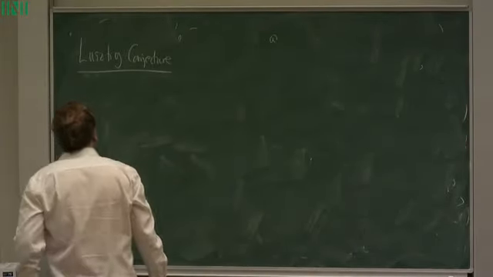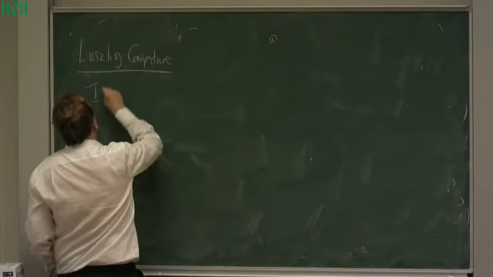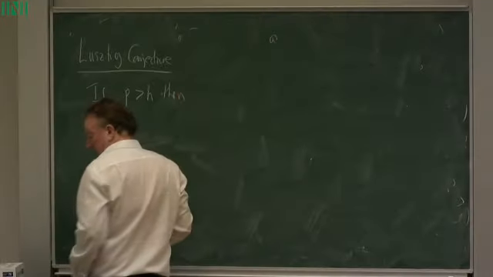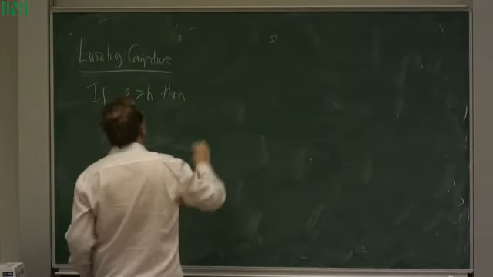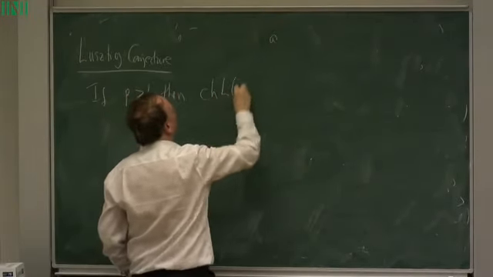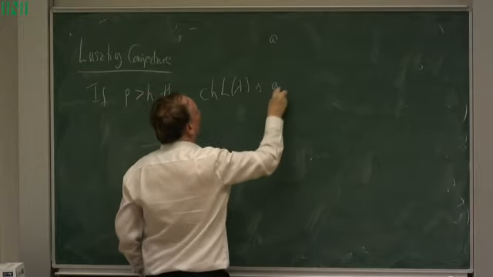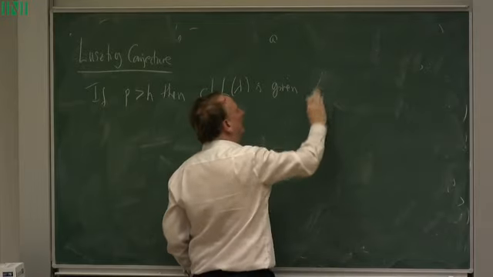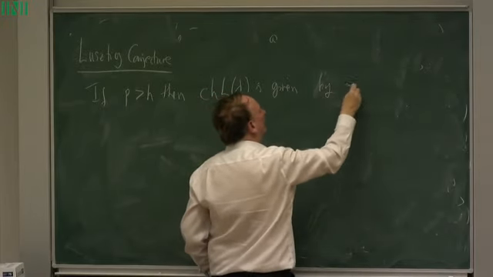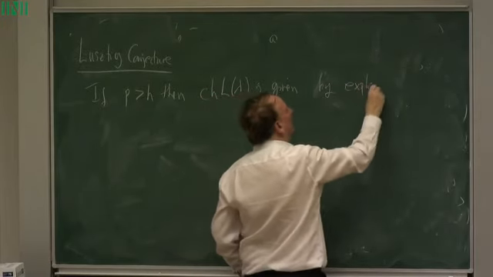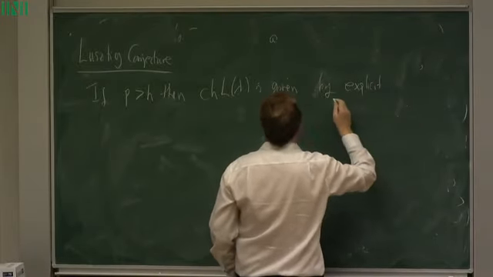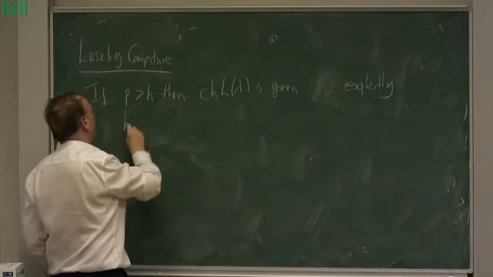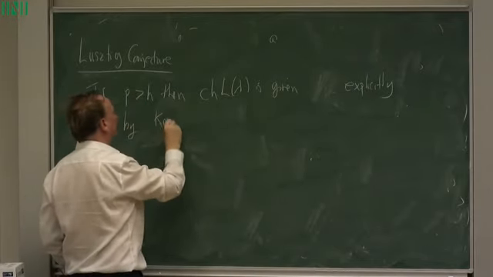He says that if p is bigger than the Coxeter number, then the character is given explicitly by Kazhdan-Lusztig polynomials.